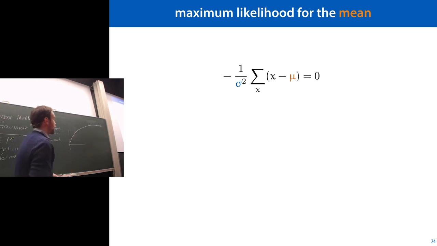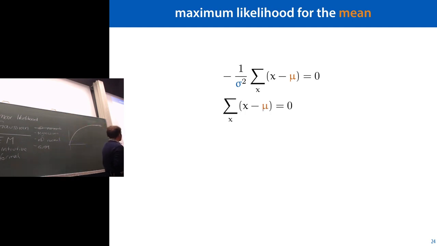The derivative is the product of two things, this bit with the standard deviation and the sum. So in order for that to be 0, one of them has to be 0. It can't be the thing in front, because the standard deviation is always bigger than 0, so this thing in front is never 0. So it has to be this sum that is 0 if the whole thing is going to be 0.